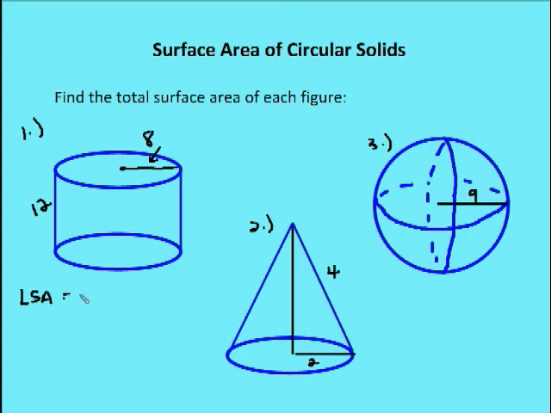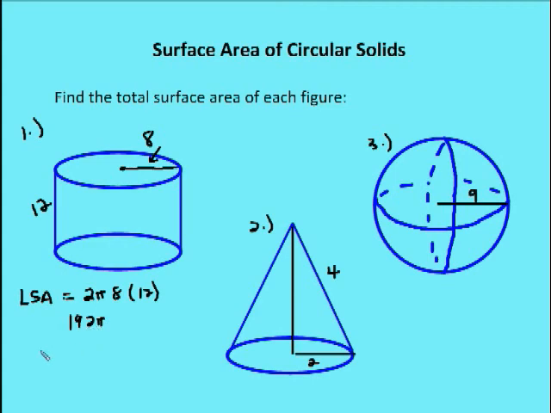So the circumference is equal to 2 pi r. So 2 pi times the radius, which is 8, times the height of 12, and that's going to give us our answer. So 2 times 8, which is 16, times 12, gives me 192 pi for my lateral surface area.